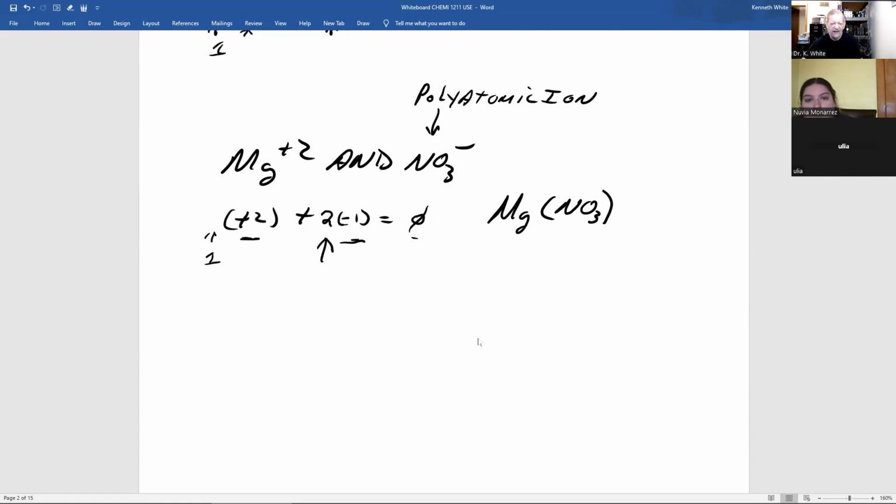Close the bracket, and because we need 2 of them, we put the 2 there. Again, for a polyatomic ion like NO3 minus, nitrate, you use brackets to show more than 1. And that's how you do it.